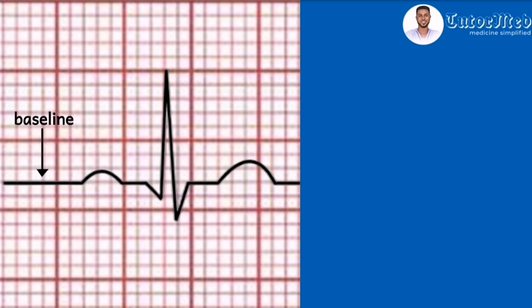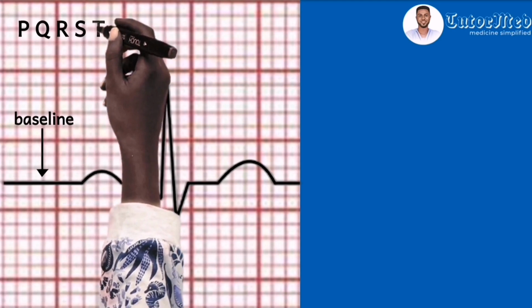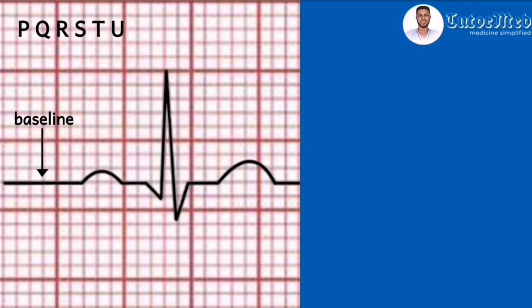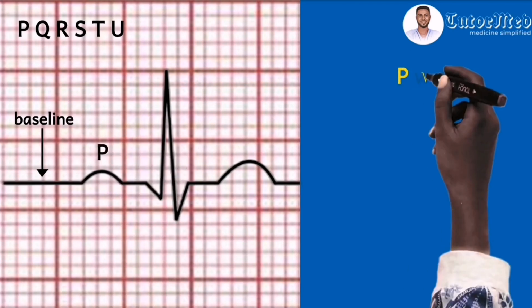When naming the waves on the ECG, the fathers of ECG for no reason chose the letters P, Q, R, S, T, and U, and so there is no reason to understand why A, B, C, D, E were not chosen. These letters were chosen arbitrarily. And so the first positive deflection on the ECG is called the P wave.